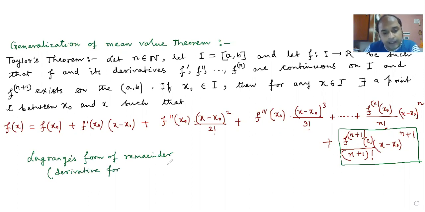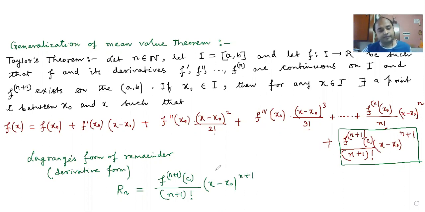We shall denote this by Rn. This remainder form is the n plus 1th derivative of the function at the point C by n plus 1 factorial into x minus x naught whole thing to the power n plus 1. So that is the entire thing which you have to remember.